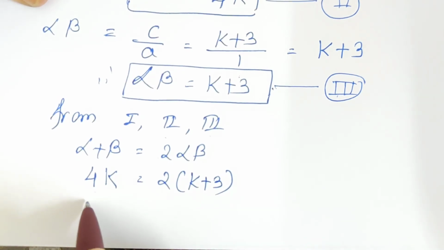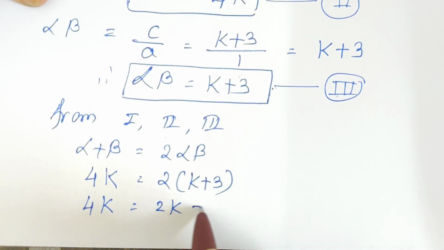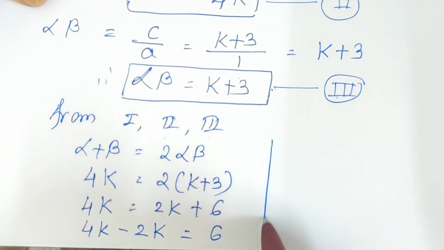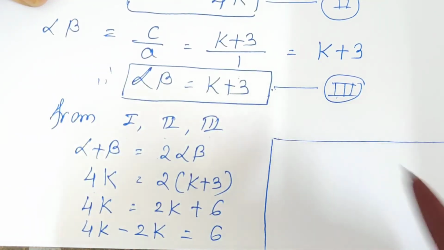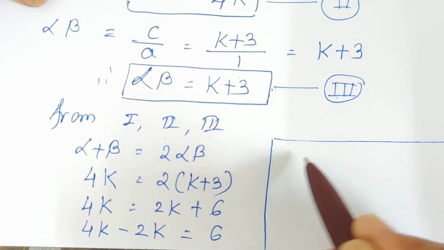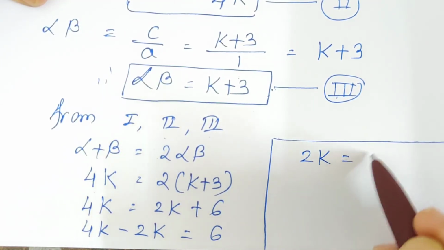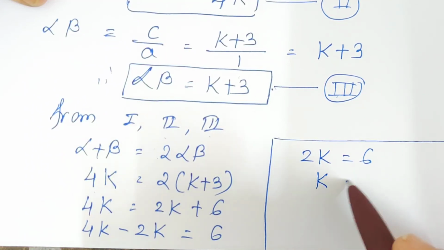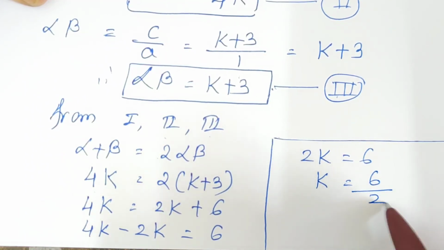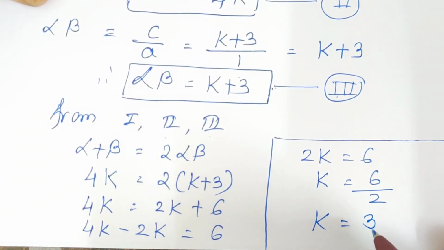And then just solve it. Now it is a simple calculation. 4k is equal to 2k plus 6. So 4k minus 2k is equal to 6, that is 2k equal to 6. So k is equal to 6 upon 2, that means 2 threes are 6. So k is equal to 3. This way we get the value of k.